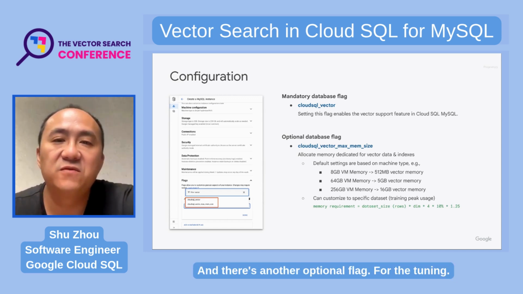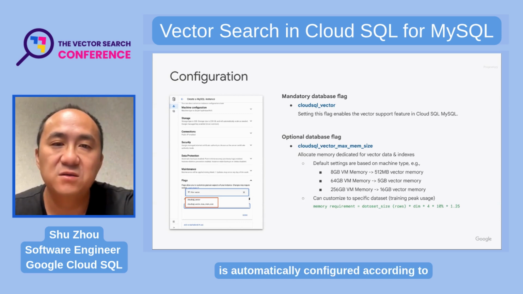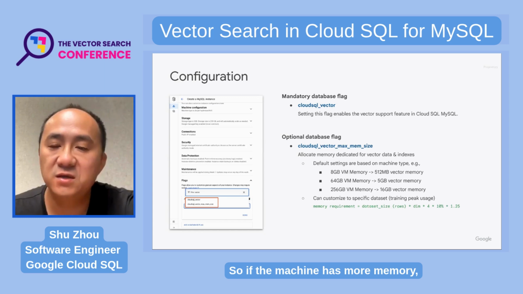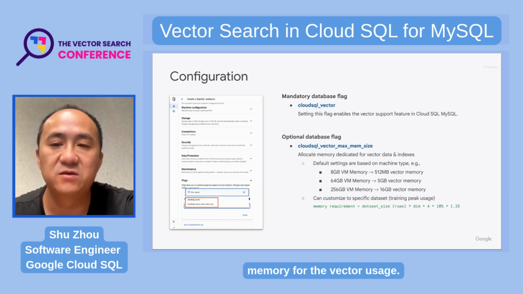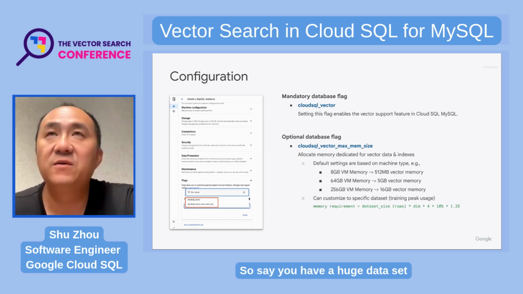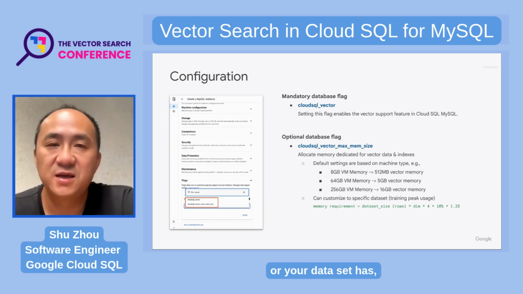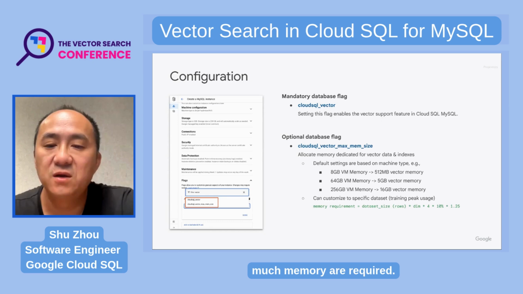And there's another optional flag for tuning. Without touching anything, this flag, cloudsql_vector_max_memory_size, is automatically configured according to the machine type. So if the machine has more memory, then we'll accordingly allocate a little more memory for vector usage. But the customer can always customize it. Say you have a huge data set, or your data set has so many dimensions, and then you can compute how much memory is required.